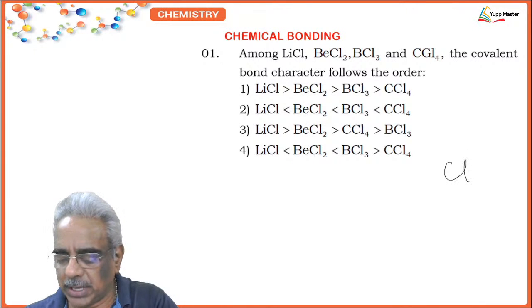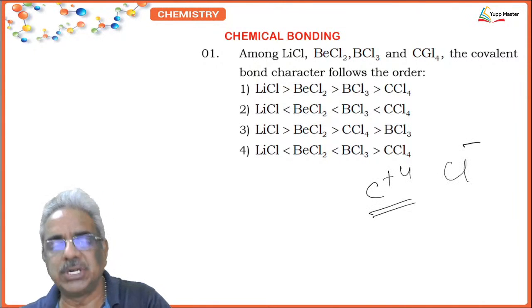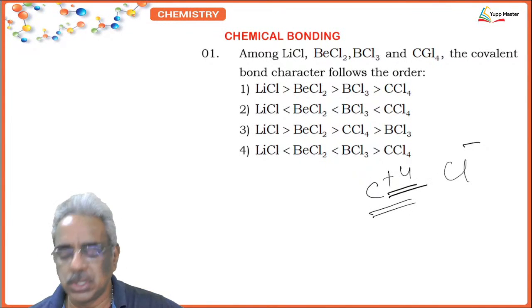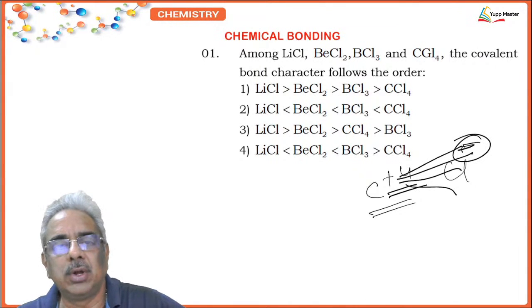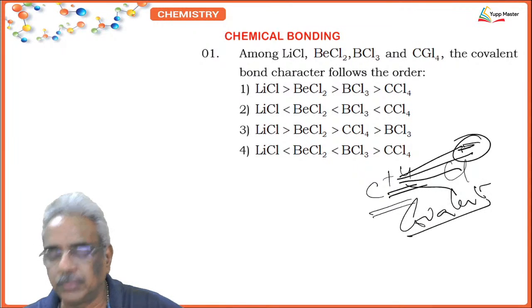So who can pull the electron density from the chloride ion to a very great extent? This carbon plus 4 can pull. So carbon plus 4 pulls the electron density from chloride, and you are going to have a covalent bond here.